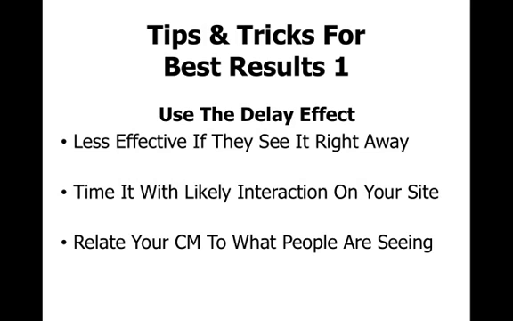And then finally, and most importantly, you need to relate your Covert Messenger to what people are seeing on your site. I built a very quick chat ad that says, I'm Soren Jordansen, do you want to chat with me.